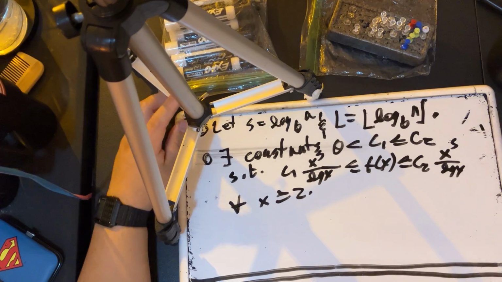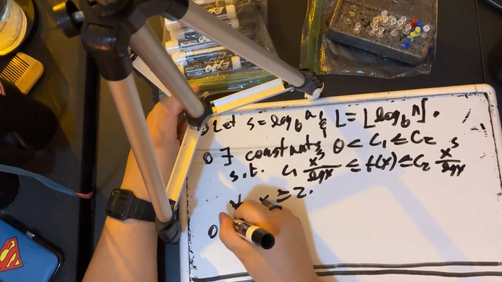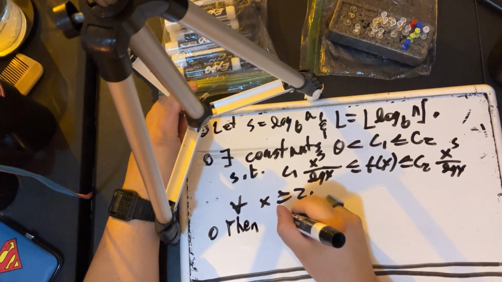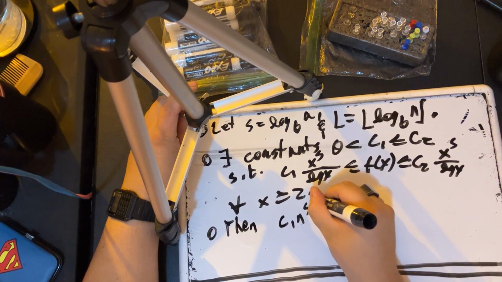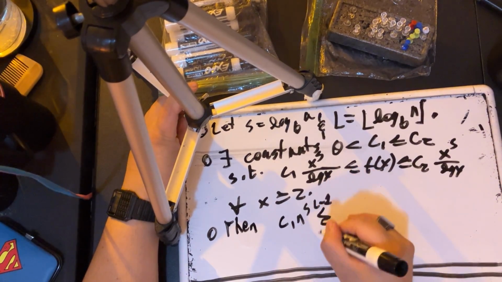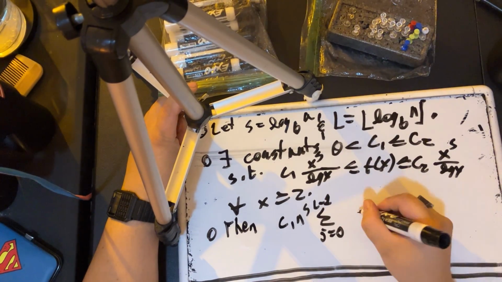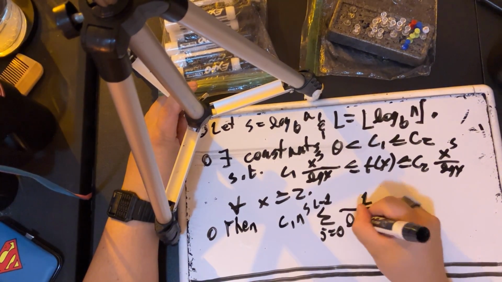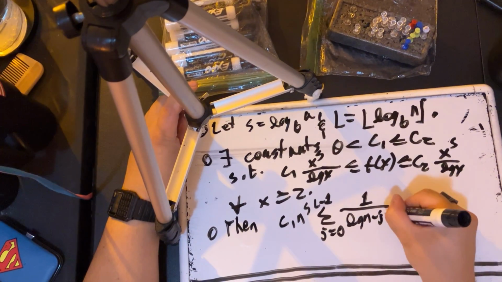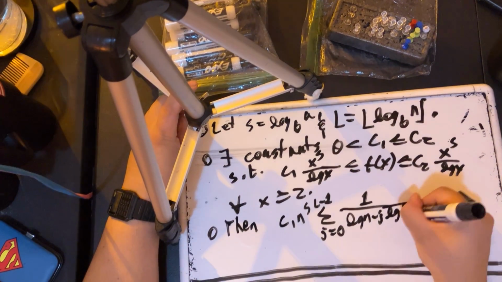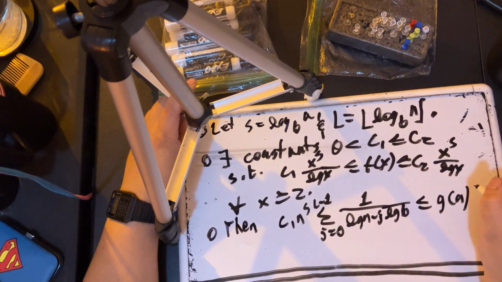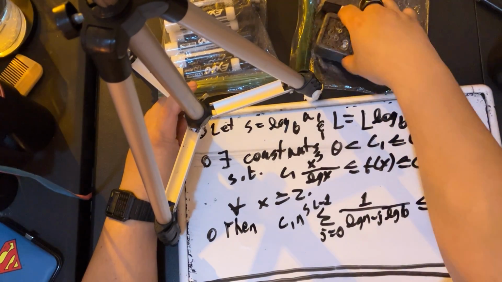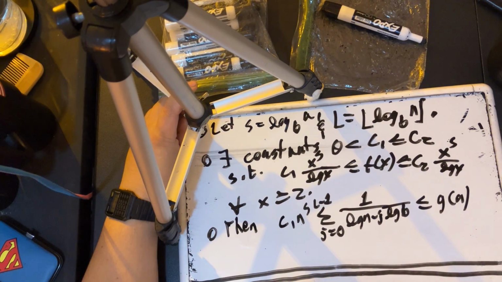But, well, what can we then say? Well, then we can say that c sub 1 n to the s times the summation from j equals 0 to L minus 1 of 1 over log of n minus j times log of b is less than or equal to g of n. And what further can we say of g of n in relation to what we already have?